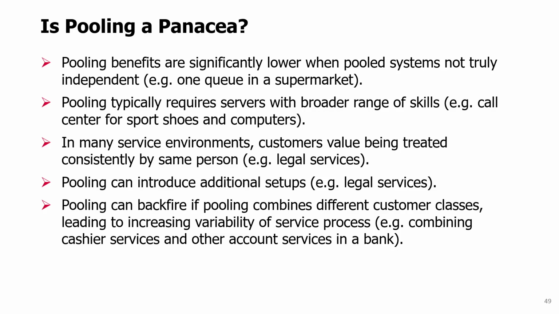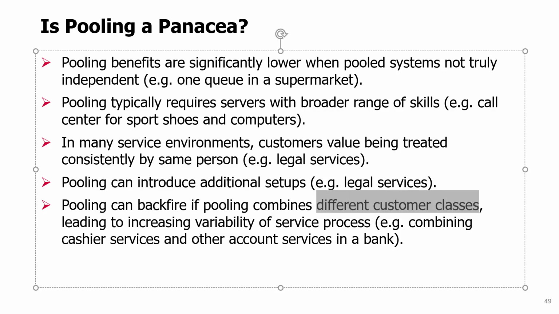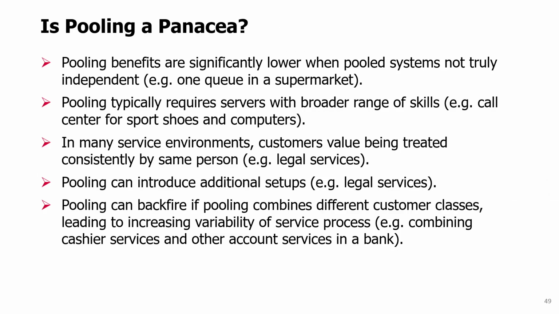And also, pooling can backfire if you pool different customer classes. An example would be, let's say, you have different banking services, regular customers and some premium, large value customers, right? The regular customers in a bank perhaps have to wait 10, 20 minutes on average. And then the premium customers might be provided a service with an average waiting time of 10 seconds.